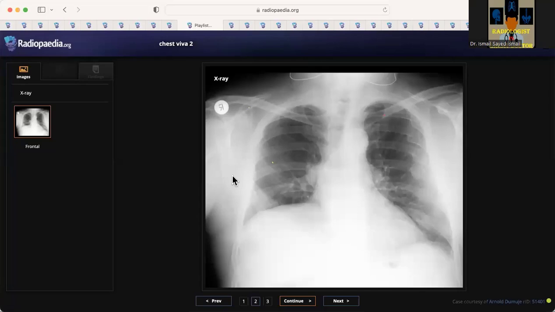So I would be worried about the scapular region with sclerotic lesions, concerning for sclerotic metastasis. And the lungs themselves, both lungs appear clear with no nodule or mass. You can see there is elevation of the right hemidiaphragm, but I don't see any pleural effusion.